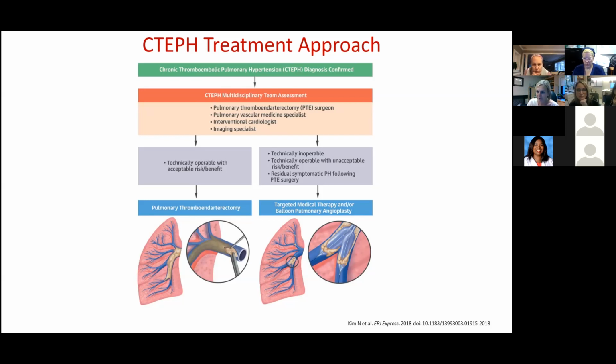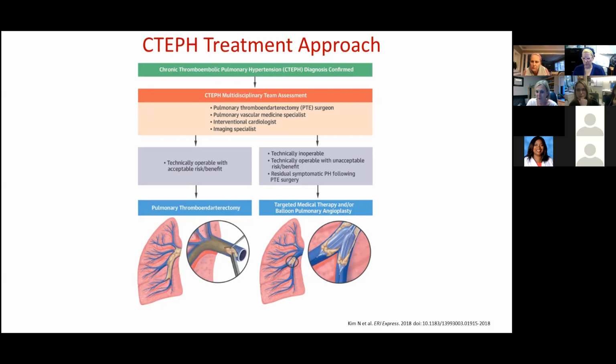Patients who have operable disease with CTEPH have by far the best prognosis out of all of the patients with pulmonary hypertension. If you can get the clot out successfully, and get those pulmonary pressures and pulmonary vascular resistance to normal, these people have great survival and really great outcomes. Their quality of life is significantly improved.